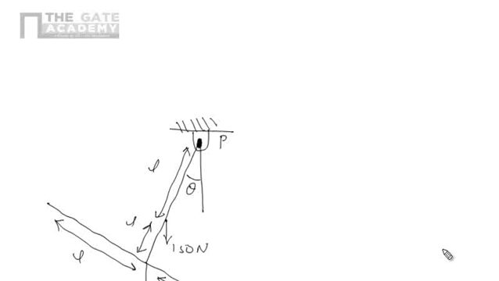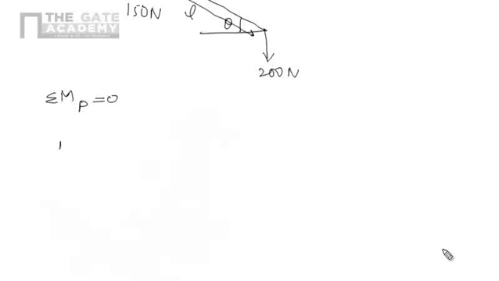The reaction at P is passing through the point P, so the moment due to the reaction at P about point P will be 0. So we are not considering this. Moment due to this 150, the perpendicular distance we have to find out, is nothing but L sin theta. So moment due to this 150 is 150 into L sin theta, and it is in anti-clockwise direction.